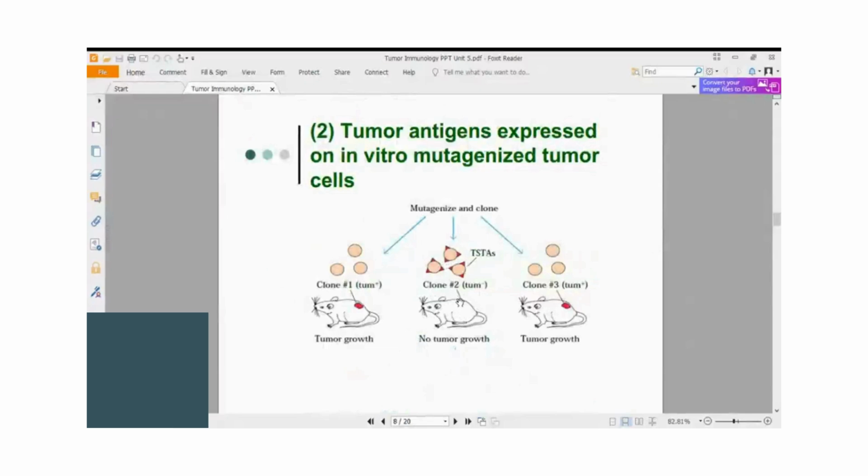The tumor cells behave differently with the mutagenic agents, and the expression of antigens varies in the same line of tumors, in the same line of clones. And it is also observed in persons where cancers develop as solid tumors. When the molecular analysis is done of a small solid tumor, it is observed that there is a different population of cancer cells in that solid tumor.